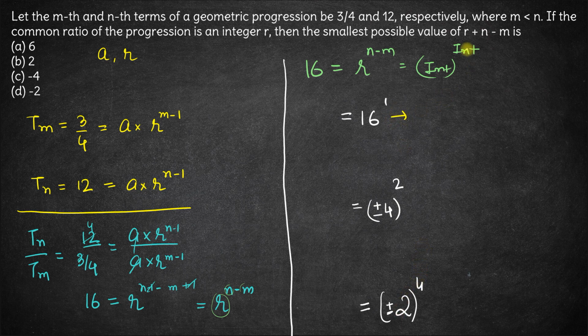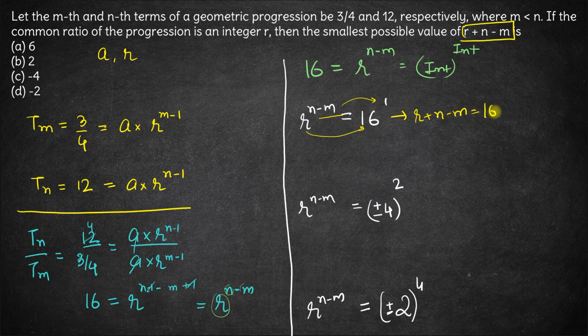So now what we need to figure out is the value of r plus n minus m. Now we have r to the power n minus m is this or this or this. Okay. Now considering the first case, r is 16 and n minus m is 1. So r plus n minus m is 16 plus 1, so the sum comes out to be 17.